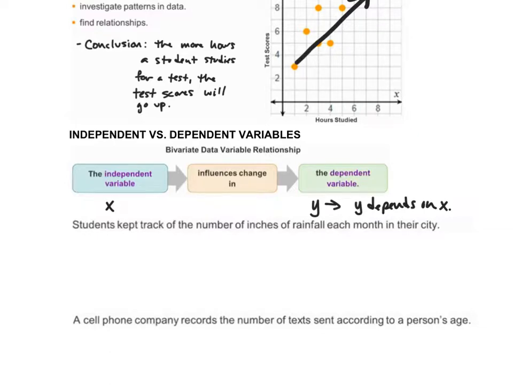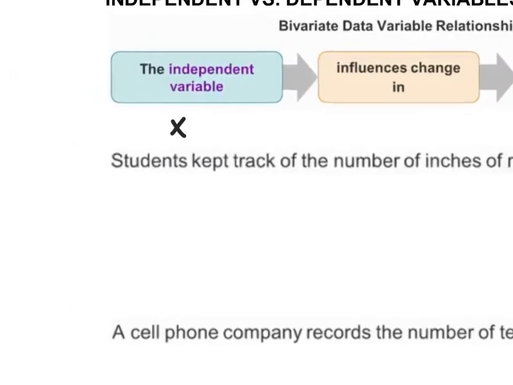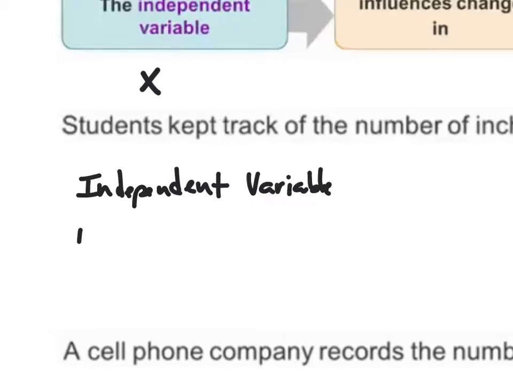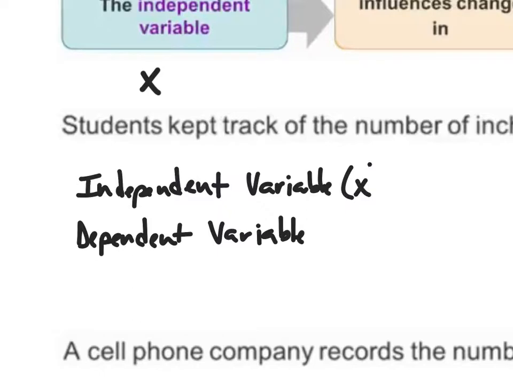So in this scenario, what we want to do is identify the independent variable and the dependent variable. Okay, independent variable is your x value, dependent variable is your y value.